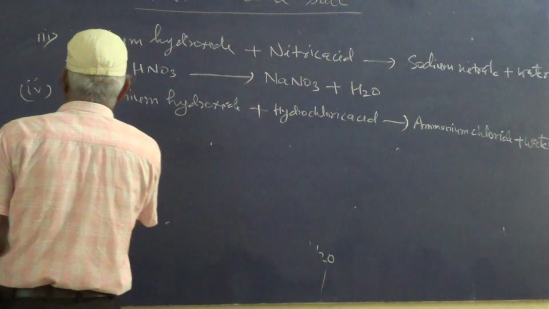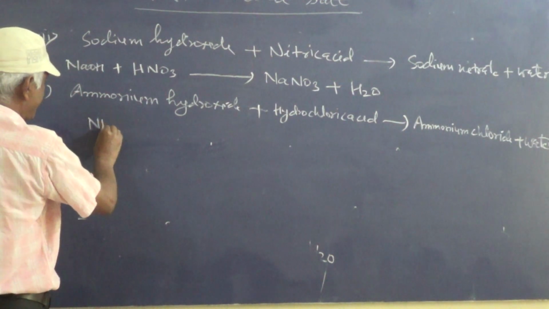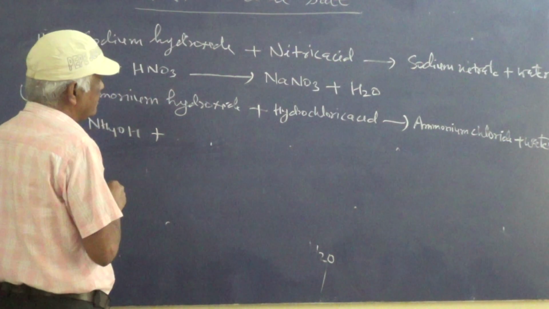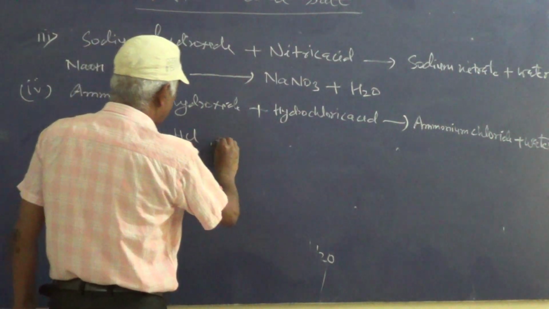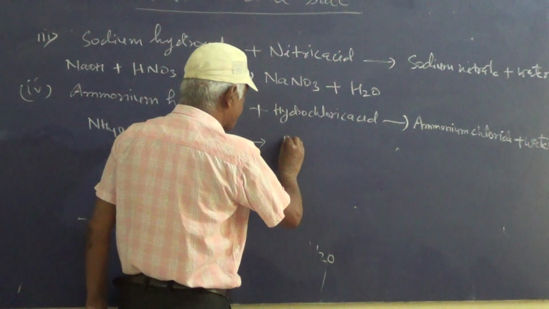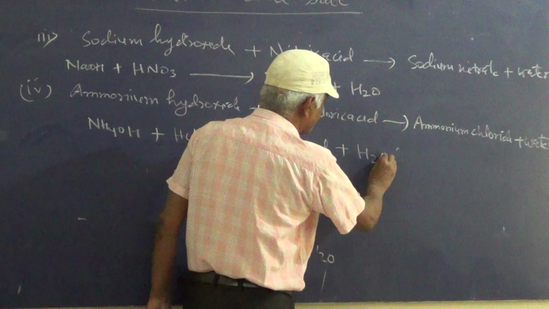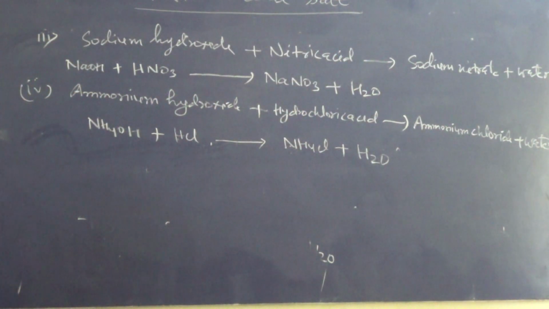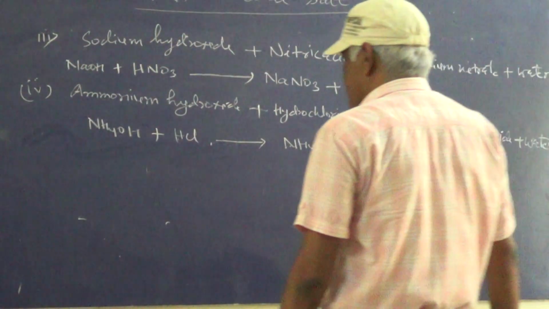The chemical formula of ammonium hydroxide is NH4OH, plus hydrochloric acid is HCl. They react together to form ammonium chloride, NH4Cl salt, plus water, H2O. This is the neutralization reaction. Some examples of neutralization reaction.